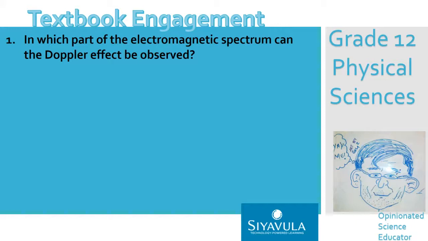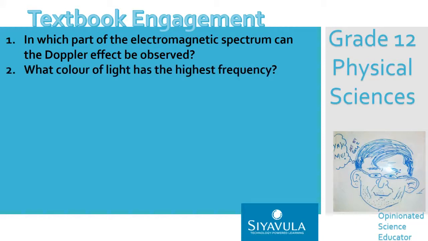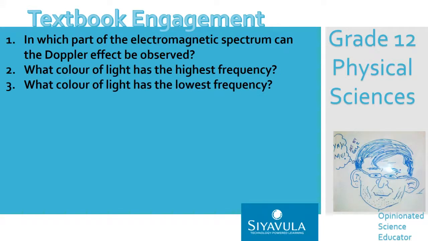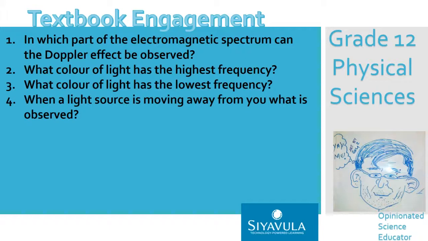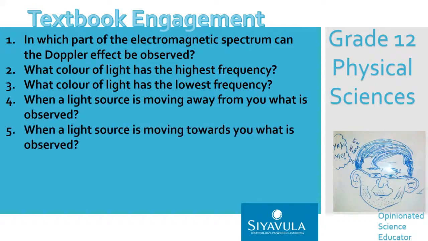Number 2. What color of light has the highest frequency? Number 3. What color of light has the lowest frequency? Question number 4. When a light source is moving away from you, what is observed? And number 5. When a light source is moving towards you, what is observed?